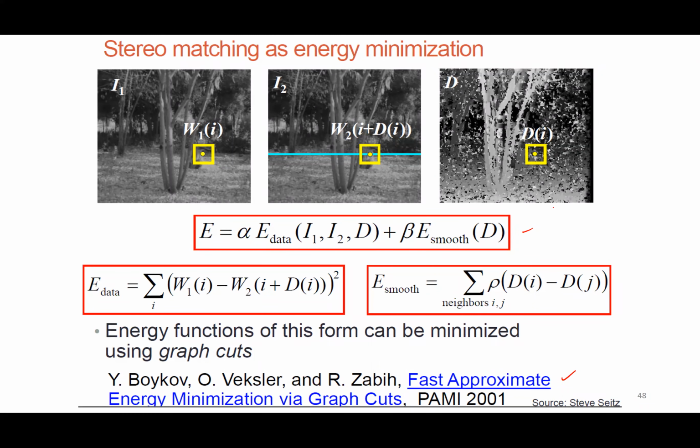Basically now, one thing is, you assume that the neighboring pixels have similar disparity. That's a reasonably fair assumption, is it not? All the pixels surrounding it will move with a similar disparity. That's what comes under the smoothness term.